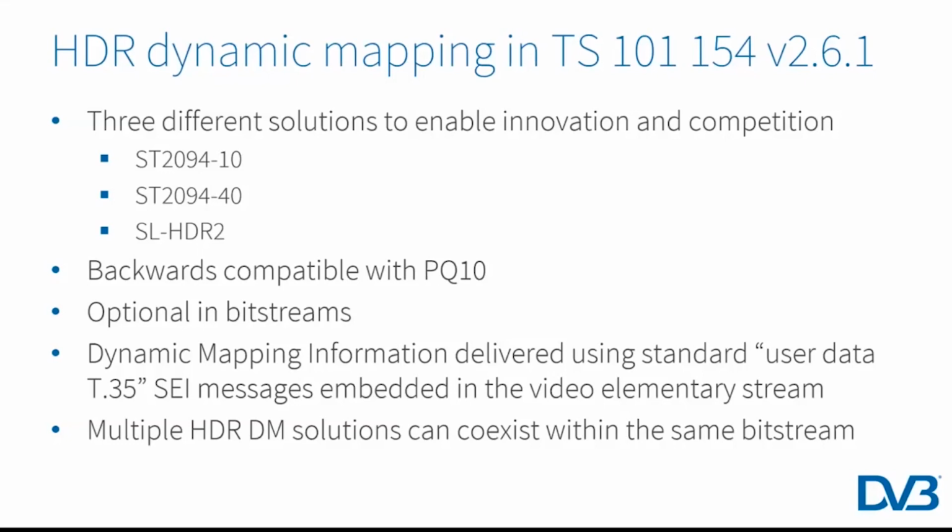Since these solutions can work together in the sense that they can all be put into one bit stream, the receiver can then choose which one to use in the end, and in the sense that it's optional features anyway on top of what we already had, there was no need to select any one of them. So in order to enable innovation and competition, all 3 of them were standardized by DVB.